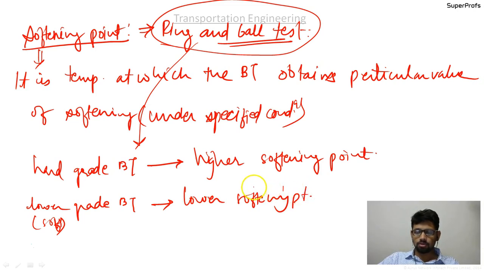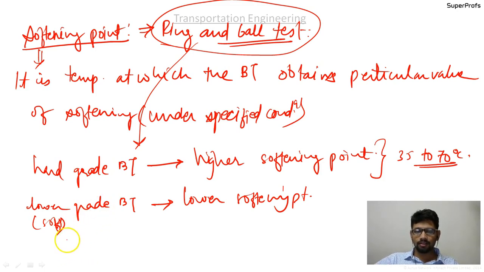Okay, so the softening point usually varies between 35 to 70 degrees Celsius. The higher the softening point, the lower the temperature susceptibility, and it is for this reason that this kind of bitumen is preferred in the warmer climates.